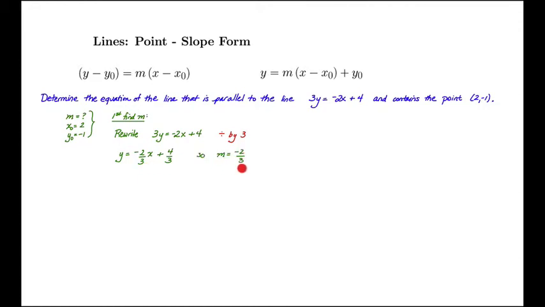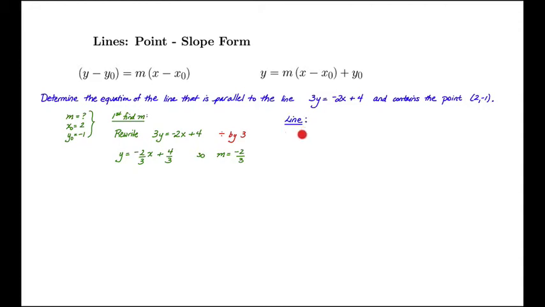So this is the slope of the line that we are trying to create, and we have the x naught, y naught value here. So rather than using these pieces of information to determine a new intercept, I'm going to substitute directly into my point-slope form.